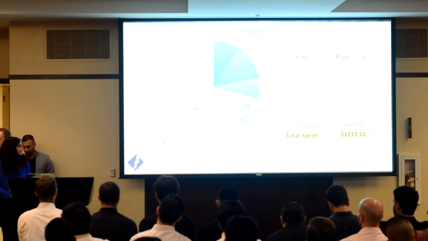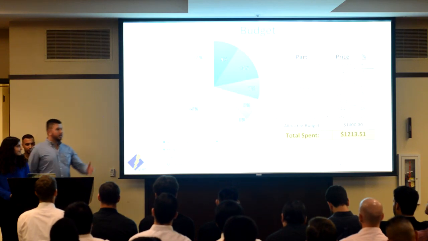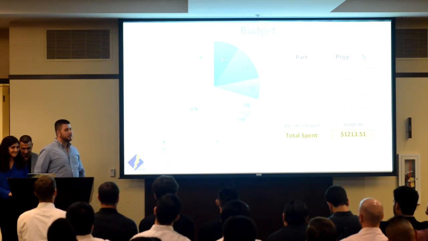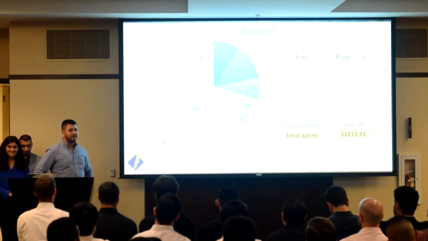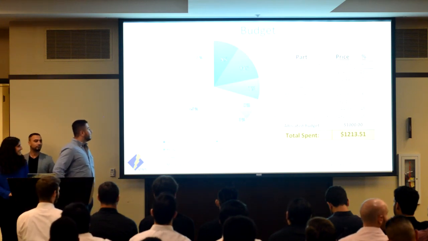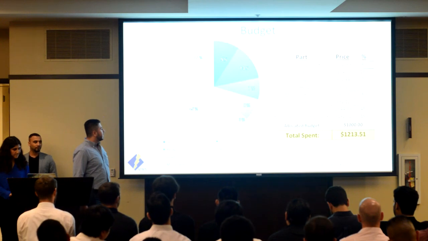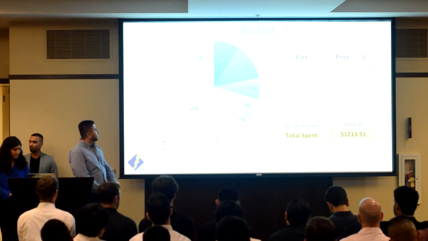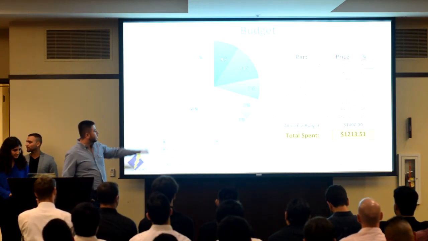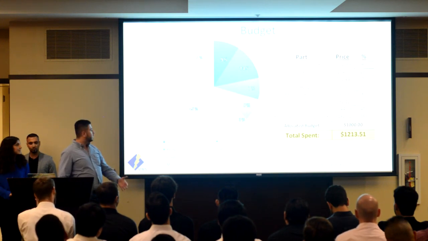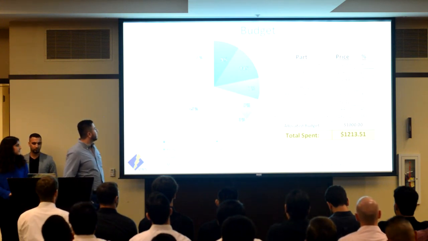Thank you. So I would like first to thank SDG&E for the budget and for the support for the whole semester. Thank you so much. So the allocated budget was, as you can see, $1,000. The highest use of the budget went to the enclosure, and then the hardware team, and then the software team.